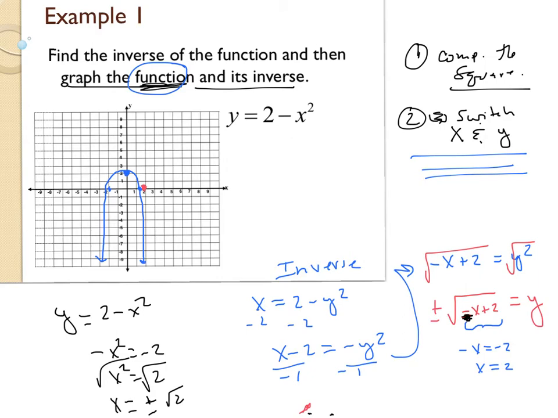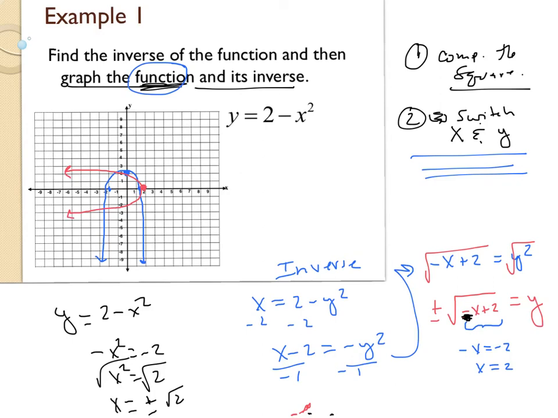I got this negative here, which means it's going to reflect over the y-axis, so I have this generic shape, and it's going to go like this. I also have a negative one, which causes it to reflect down. So by using these transformations that we've talked about in previous chapters, it allows me to graph my shape.